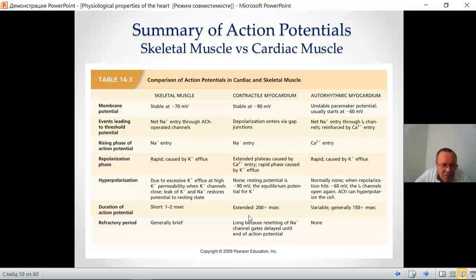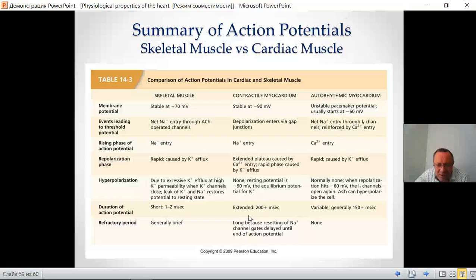Next, information about the rising phase of the action potential. For skeletal muscles it is sodium entry, and for contractile myocardium the same sodium entry. Next, information about the repolarization phase. For skeletal muscles, it is caused by potassium efflux.